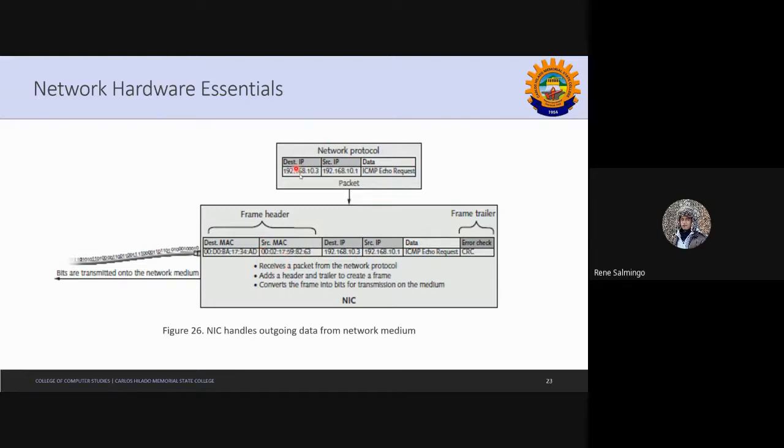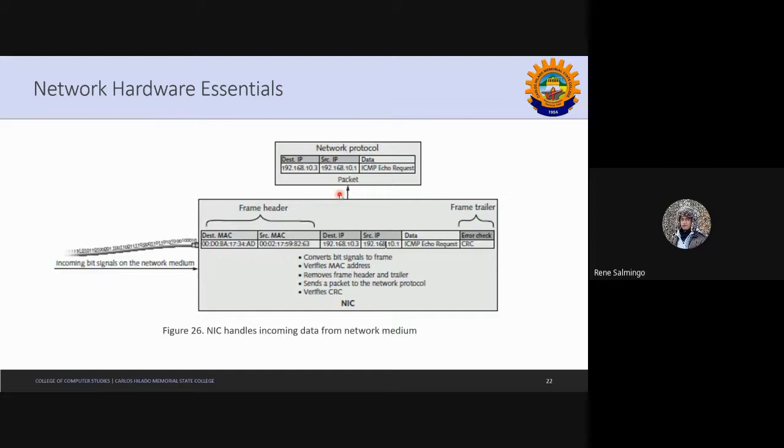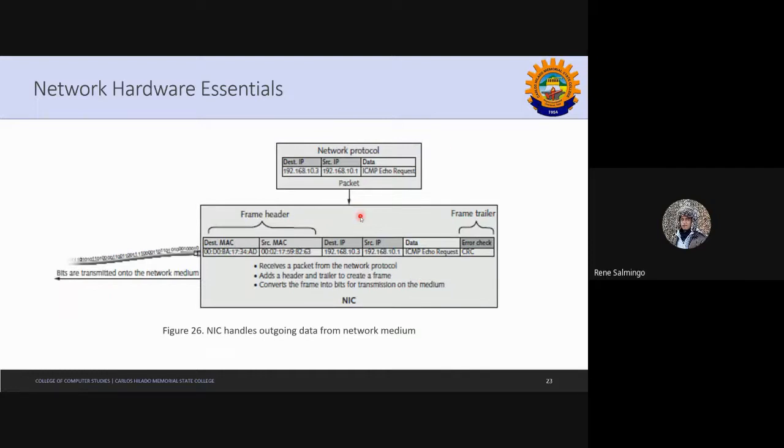Before, on the incoming, on this arrow, on the packet, now we send the information to the next computer. So now the packet was received from the network protocol.